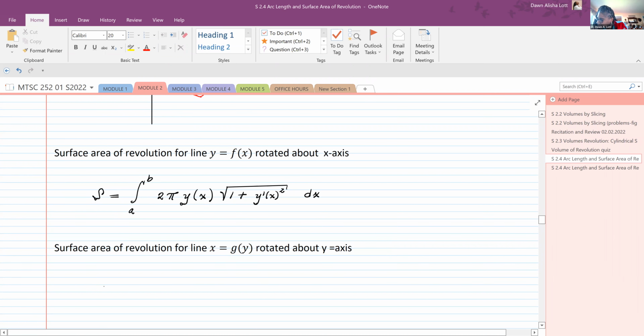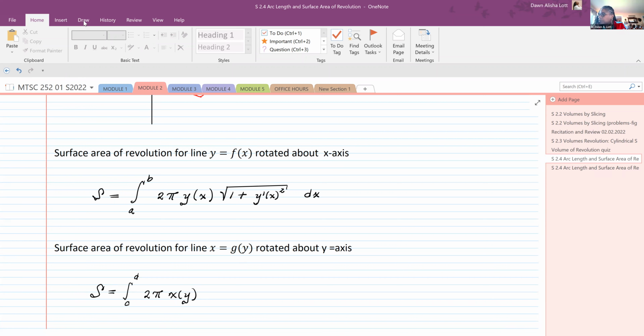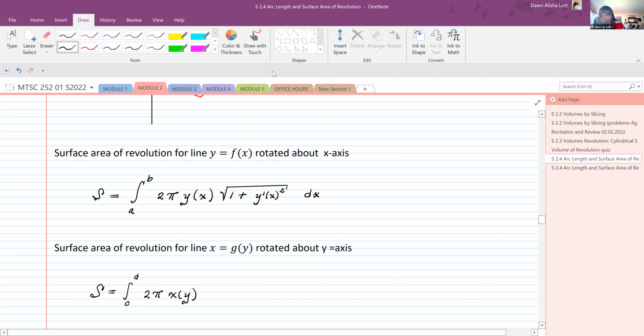And I'm going to do a couple of these. This is going to be the integral from c to d of 2 pi x of y, the square root of 1 plus x prime of y squared dy.